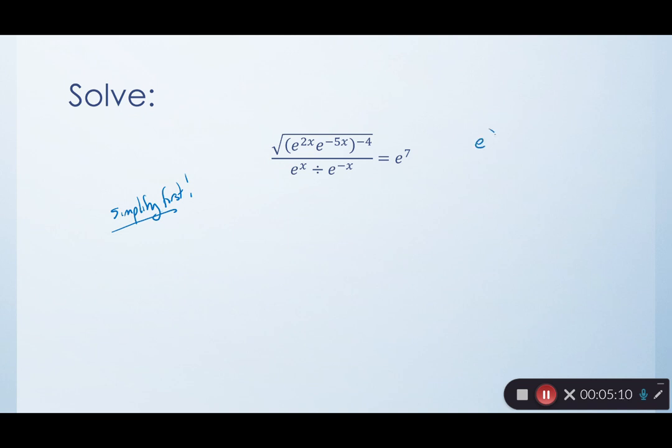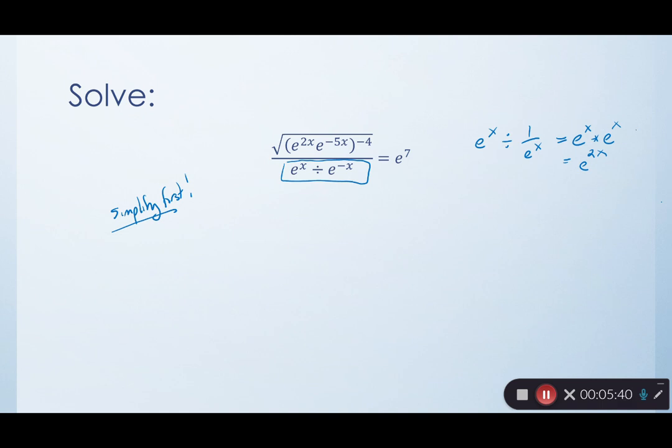So we've got e to the x divided by 1 over e to the x, right? Because that's what e to the negative x is. So we're looking at the denominator first because that's a little simpler. And remember, when you divide by a fraction, it is the same as multiplying by the reciprocal. So we're going to have e to the x times e to the x, which is e to the 2x, right? e to the x plus x.